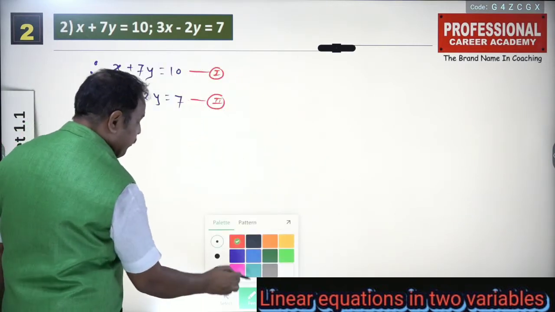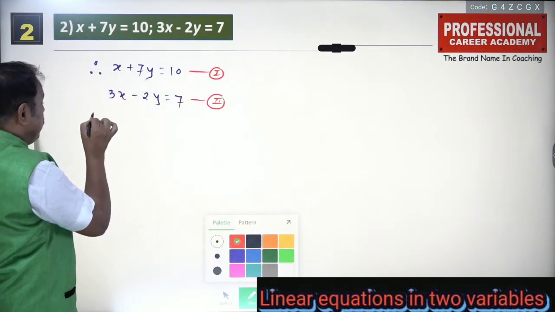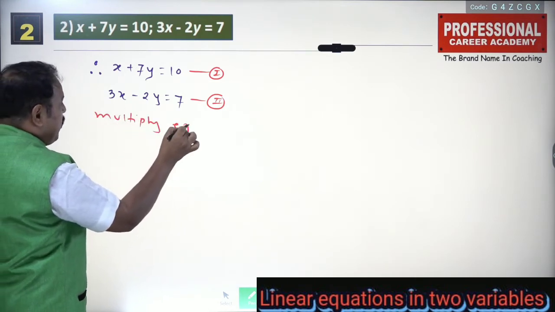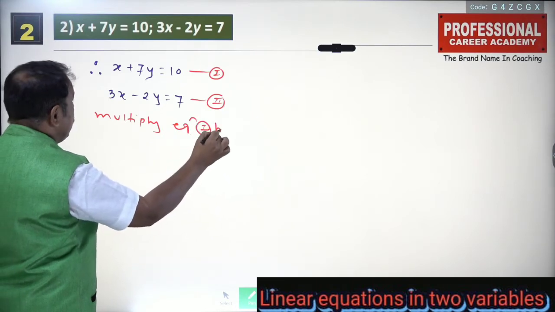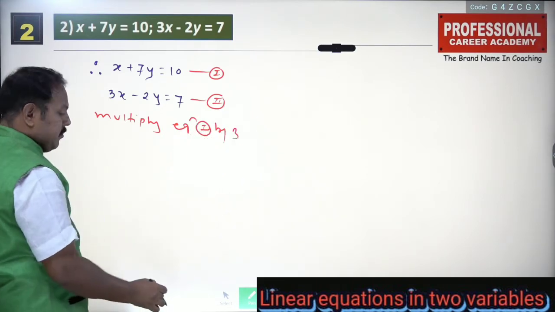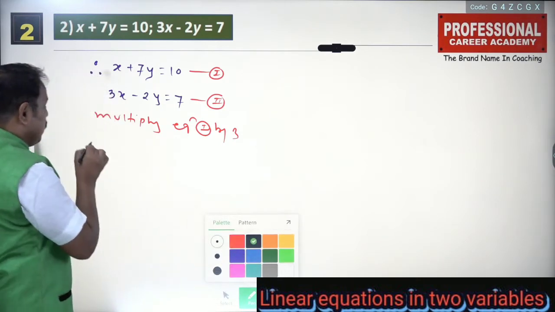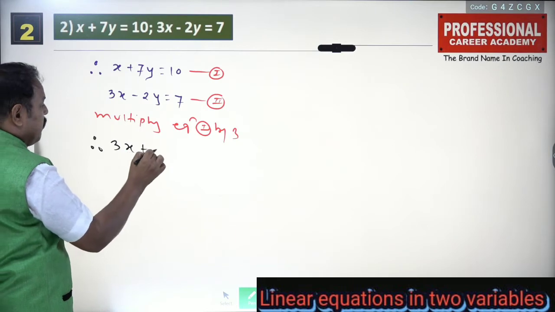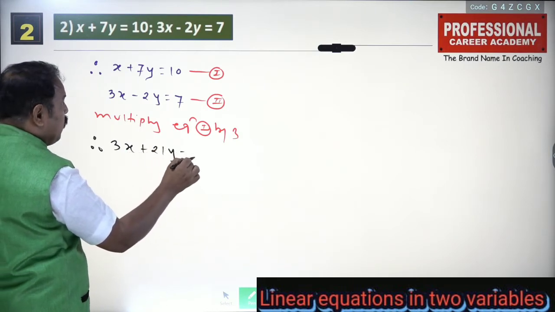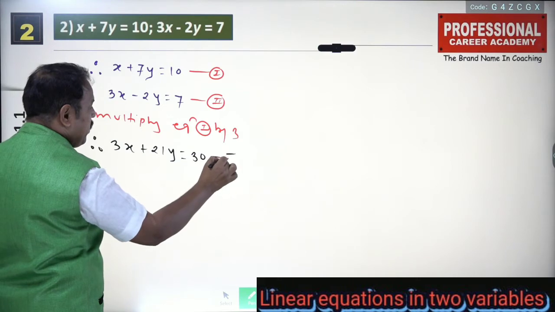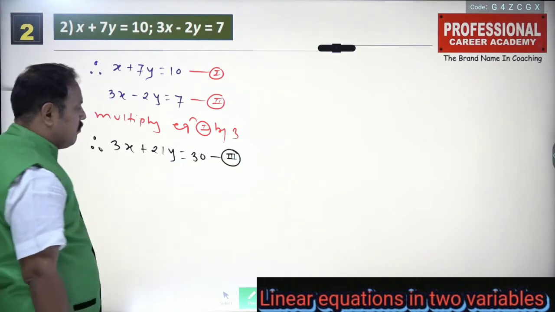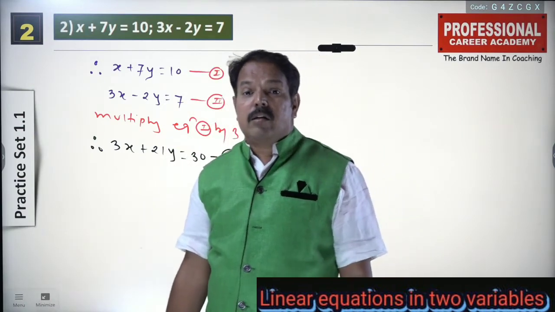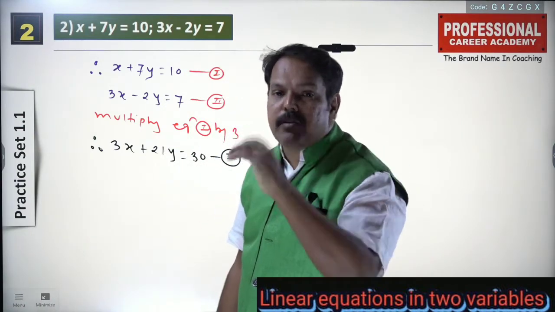Therefore, we can say multiply equation number 1 by 3. Therefore, it becomes 3x plus 9y is equal to 30. Let this be equation number 3. Right? Now we have transformed equation 1 into equation 3.